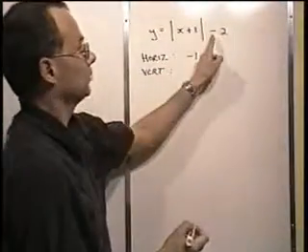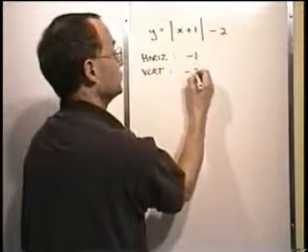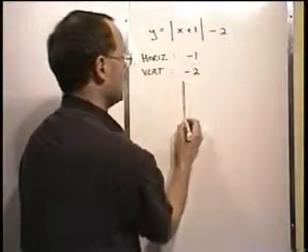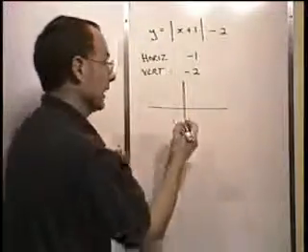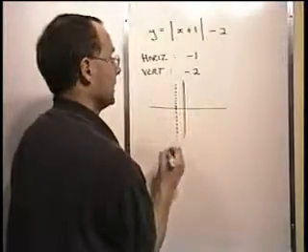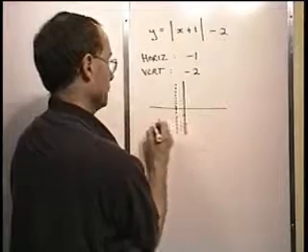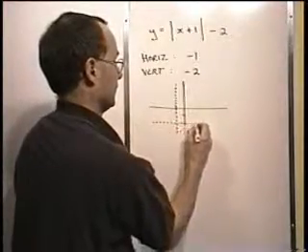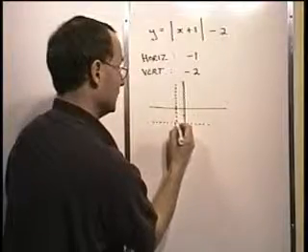Well, the whole thing's being pulled down 2, so minus 2. So now, let's have a look at our graph. We want to go 1 to the left, okay, and we want to pull the whole thing down 2, so down 2. So this is where the vertex of the graph is going to be.